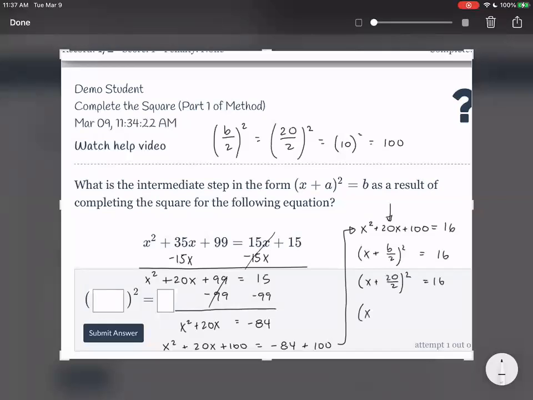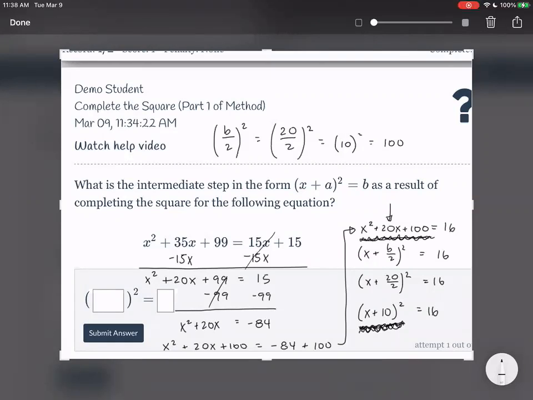And so this is x plus 10 squared equals 16, because 20 divided by 2 is 10. I know I showed it in the last one, but I'm not going to show it this time. Just take my word that this part that I'm underlining is exactly equal to this part. If you FOIL this thing, you will get that thing.